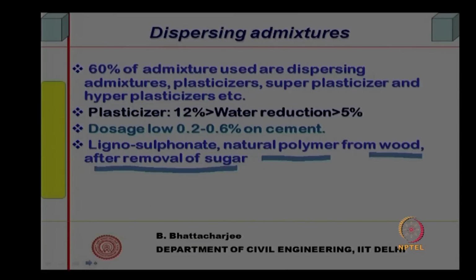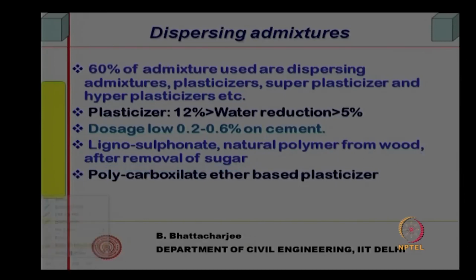So, lignosulfonates are natural polymers obtained from wood, the source is wood. Then there are others like polycarboxylate ether based plasticizer. So, the plasticizer could be either polycarboxylate or lignosulfonate. We will discuss the chemistry a little bit more.